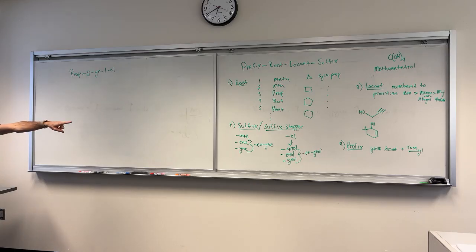I'm teaching you to make the alcohol a suffix stopper. There are reasons that you might want to make it a substituent. That's usually if you have a higher priority functional group that already claims the suffix stopper spot.